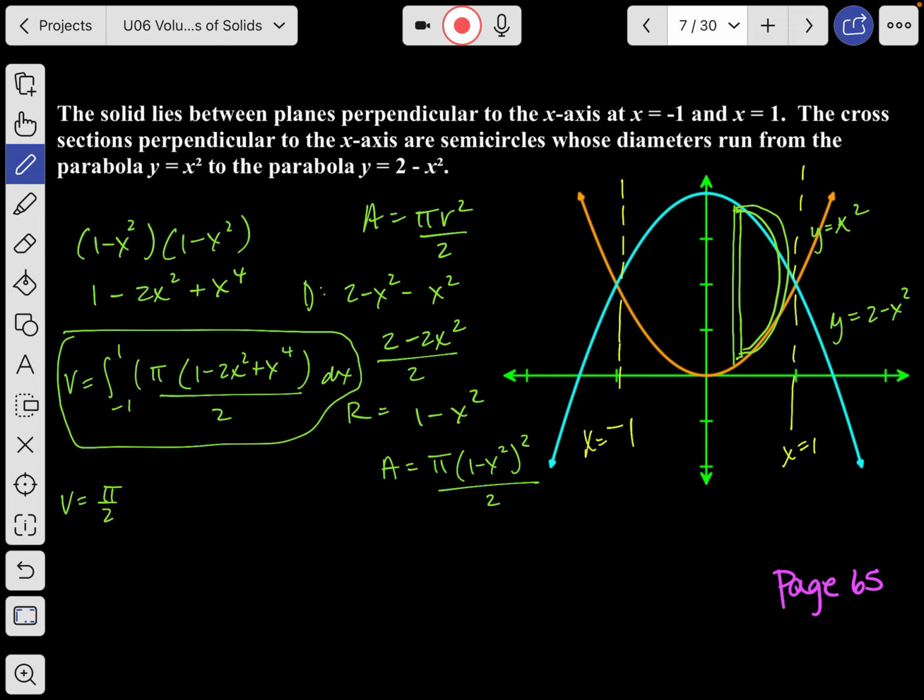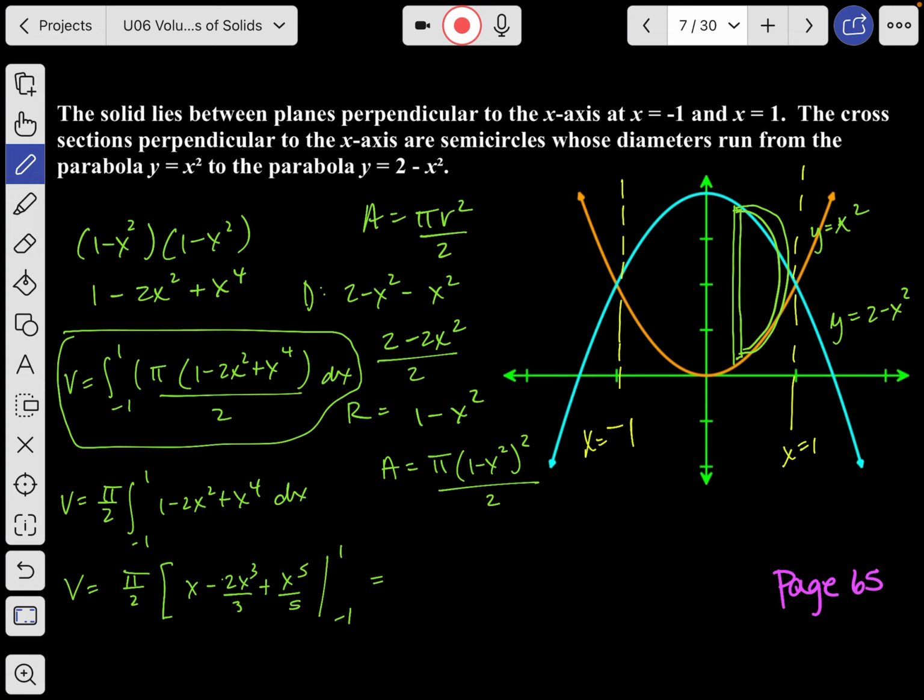So the volume is going to be pi over 2 times the integral from -1 to 1 of 1 minus 2x squared plus x to the 4th dx. If I antidifferentiate, this is going to give me x minus 2x cubed over 3 plus x to the 5th over 5, and we're going to evaluate that from -1 to 1.